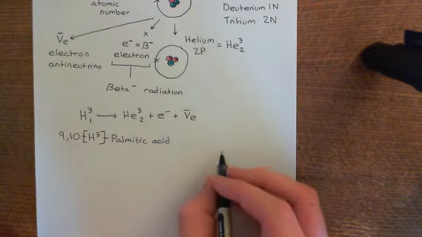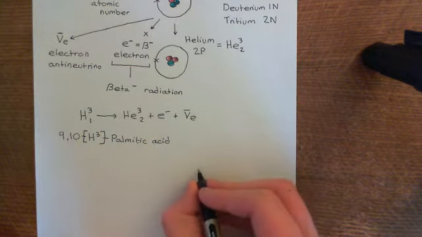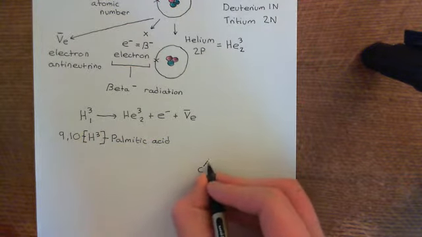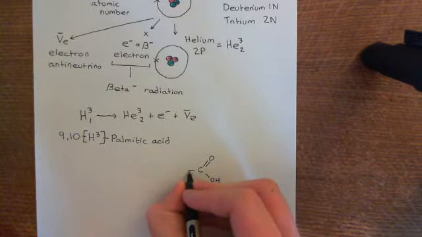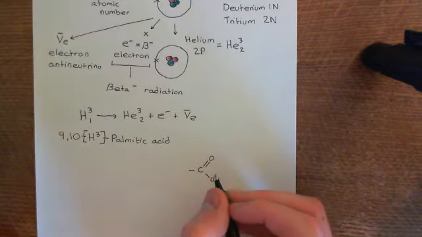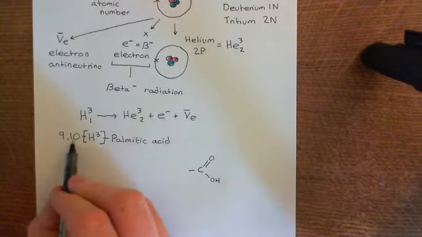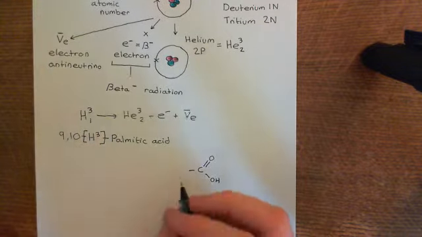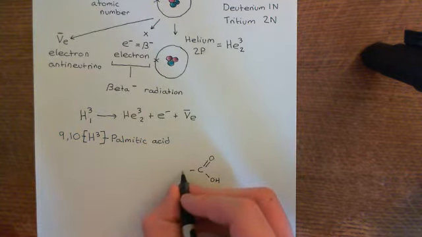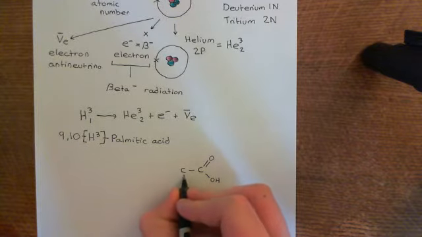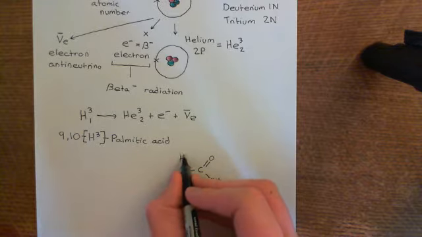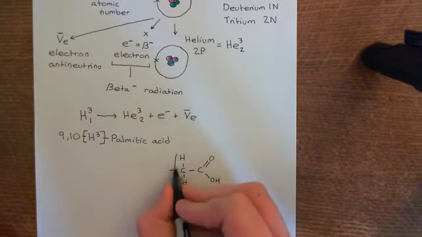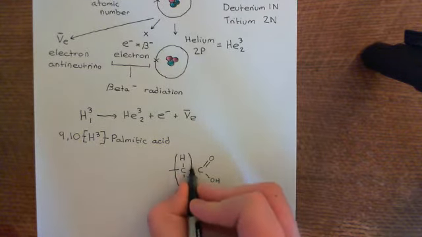Palmitic acid is a 16-carbon fully saturated carboxylic acid. Here is the carboxylic acid group, and now it's going to require a bit more thought with drawing out the structure because we've got special things on carbons 9 and 10. We then need 15 more carbon atoms. The first 7 are just going to be attached to normal hydrogen atoms, protium atoms, so just a proton with an electron rather than tritium atoms.